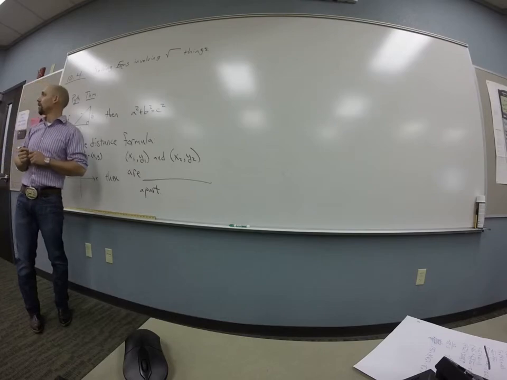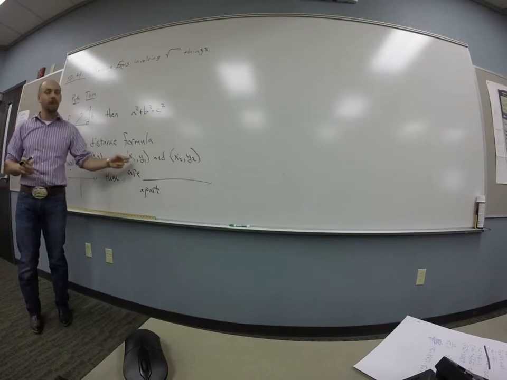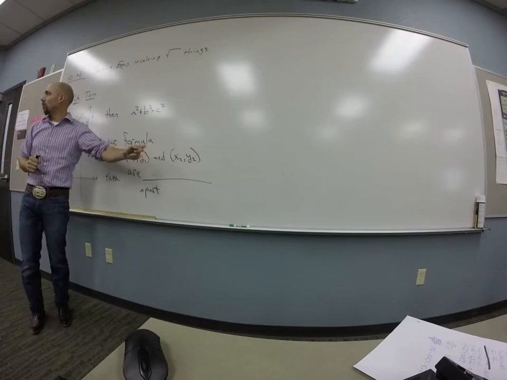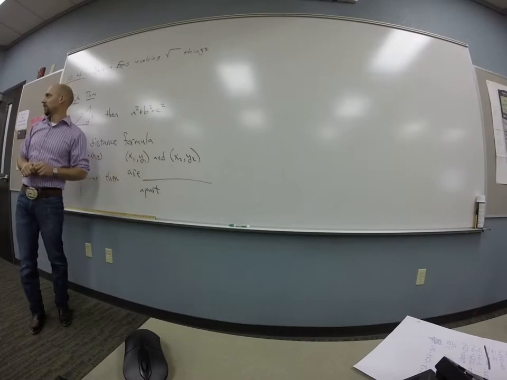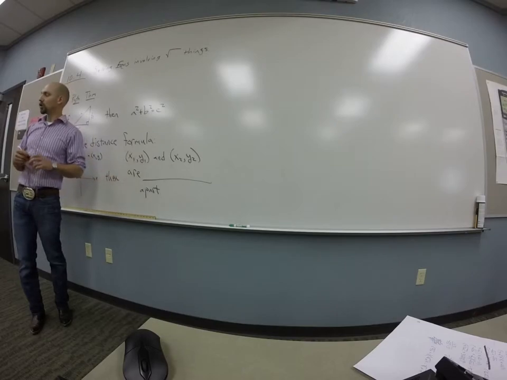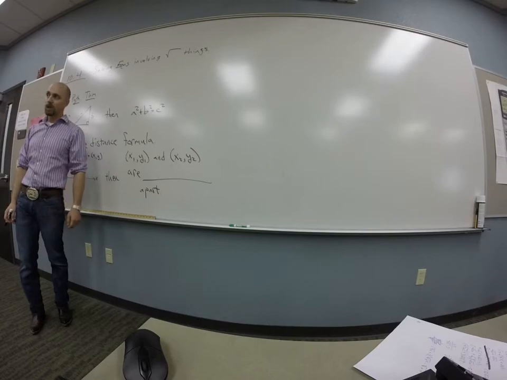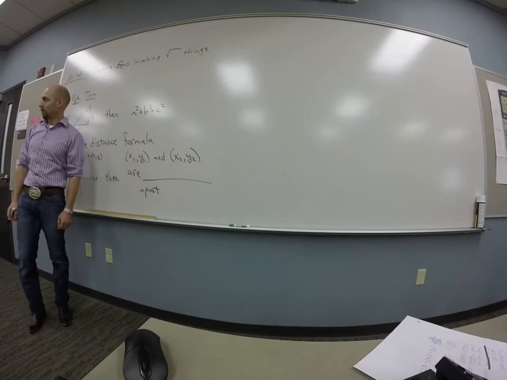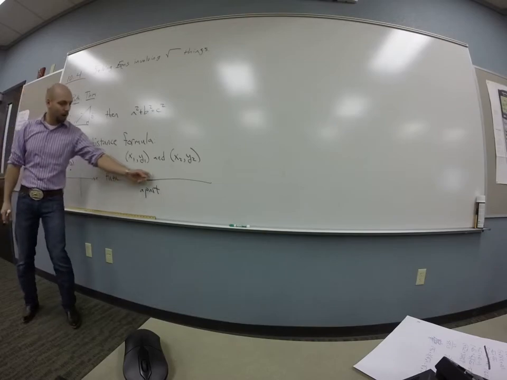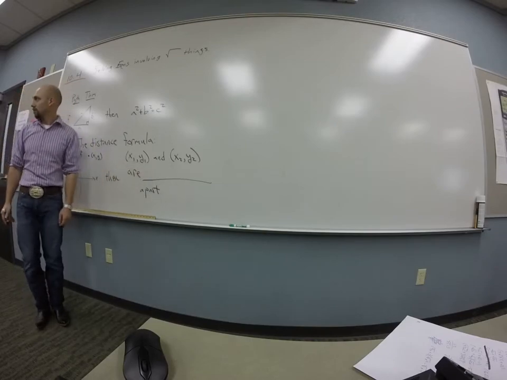Or the distance between x1, y1, and x2, y2 is. Does that make sense? Those are equivalent statements. I don't care which one you use. So I want to know how to fill in the blank.